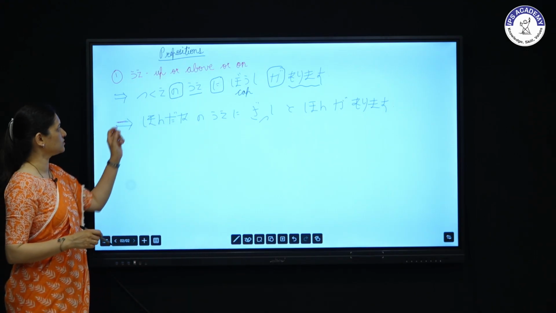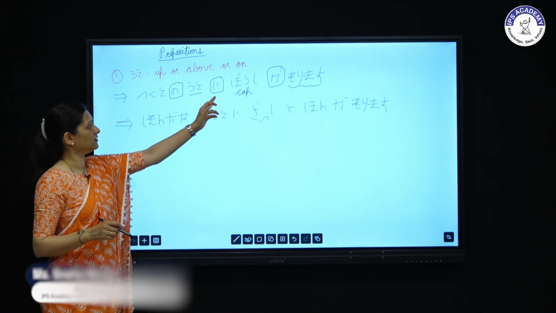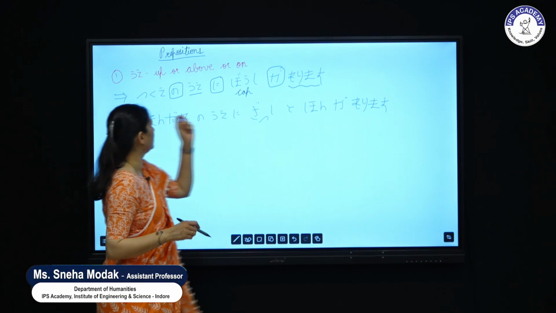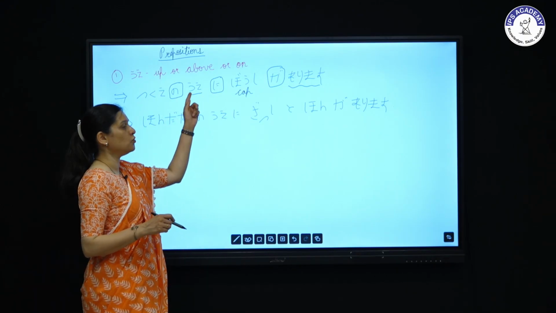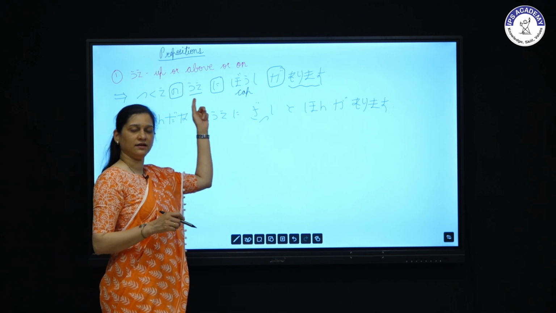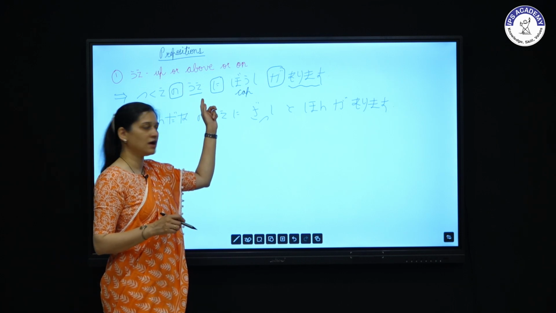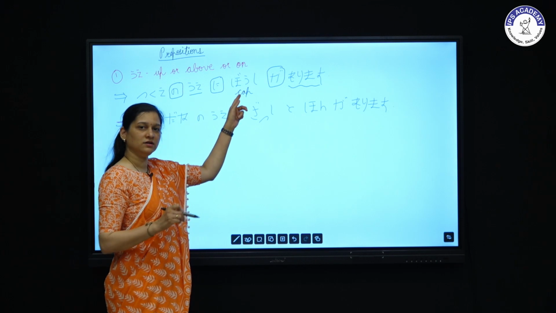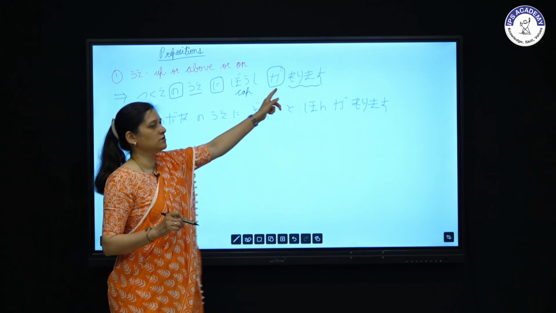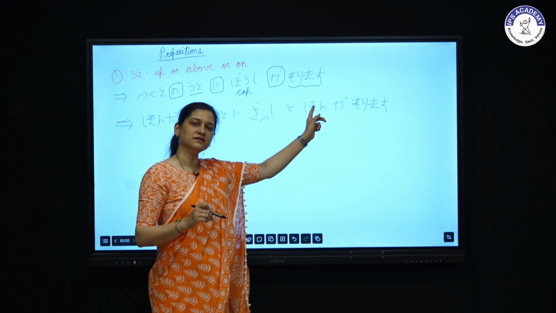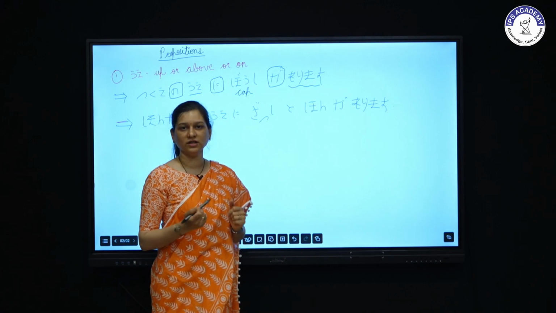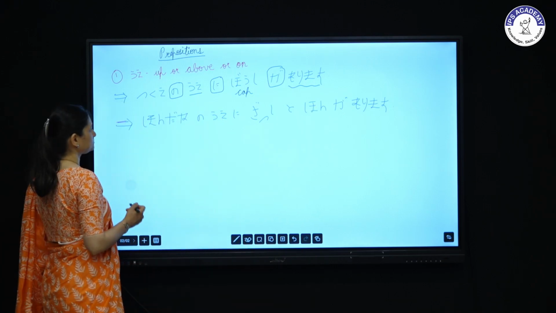Let us see it one more time. Table ke upar cap hai. For that ke we are using no particle, ni particle, because ue is a preposition and it indicates the place, the position of the noun. Boushi is the noun of our sentence. That's why we'll use ga particle after it, and at the end arimasu. Why arimasu? Because cap is a non-living thing, an object.